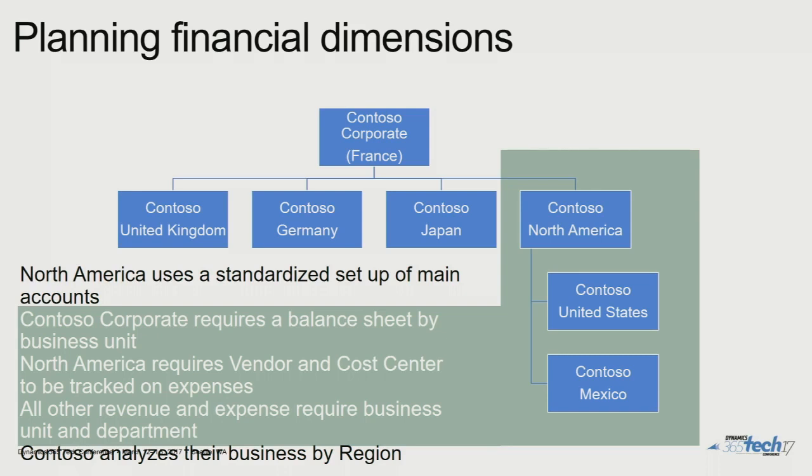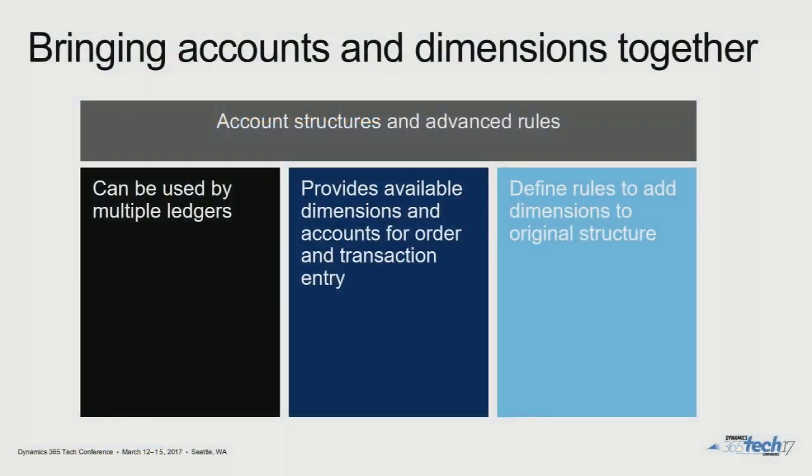So now that we have these different financial dimensions, we want to create account structures and rules that would allow us to satisfy these requirements. So bringing the accounts and the dimensions together, we do that via account structures and advanced rules. Is anyone using advanced rules already? A few of you. Okay, great.